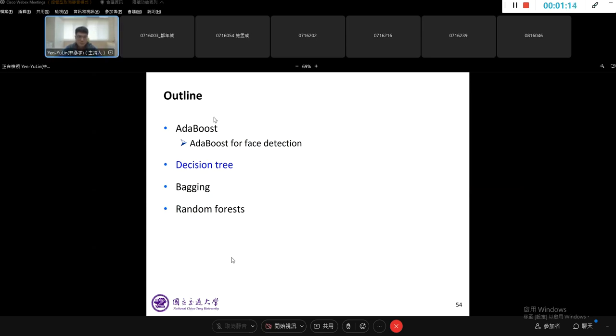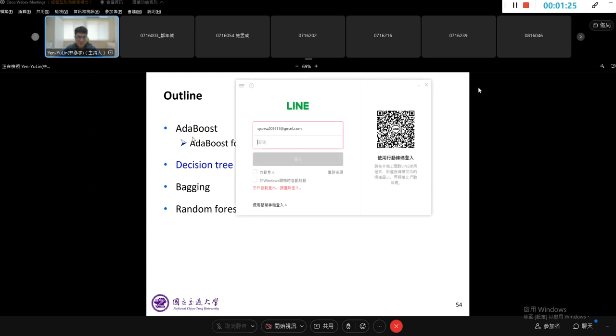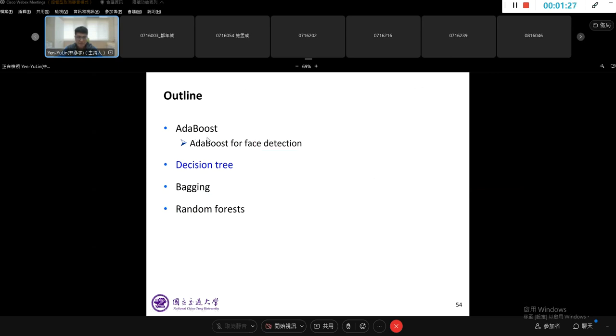We also talked about the details of AdaBoost last week. We also illustrated how to apply AdaBoost to carry out face detection. We leverage our prior knowledge about face detection. It allowed us to develop suitable features, rectangle features.